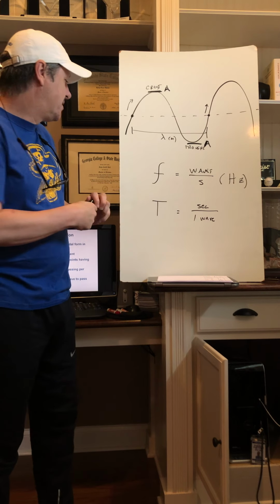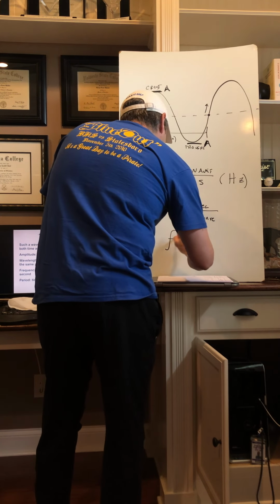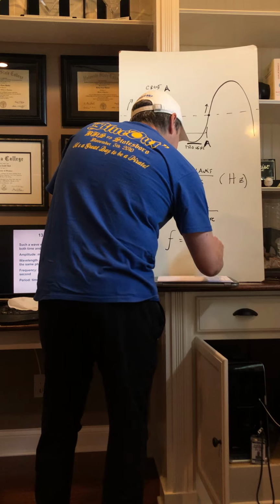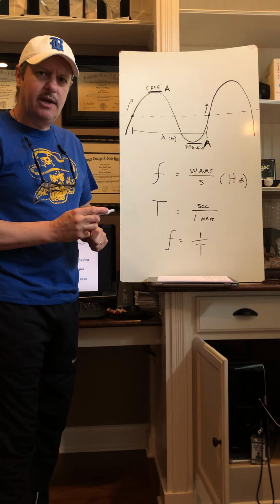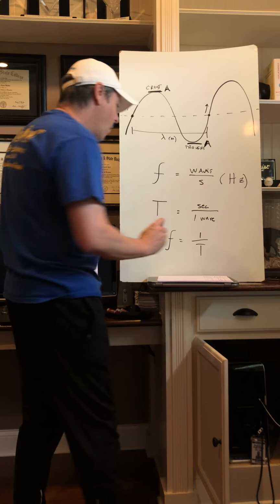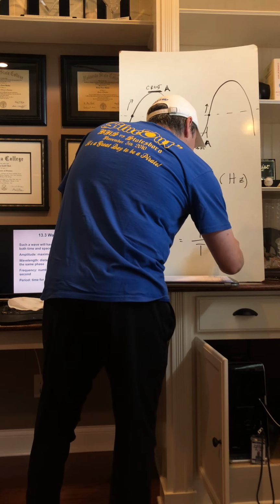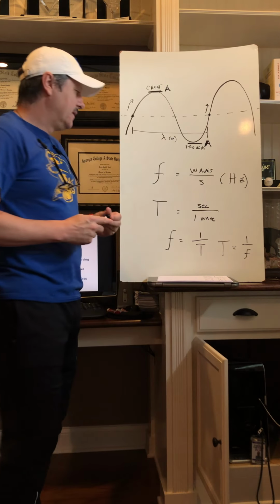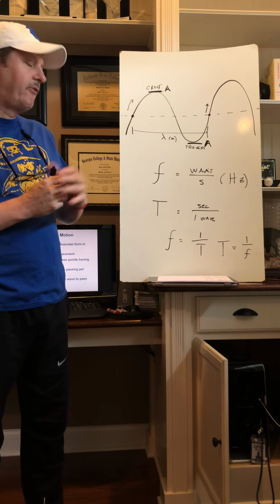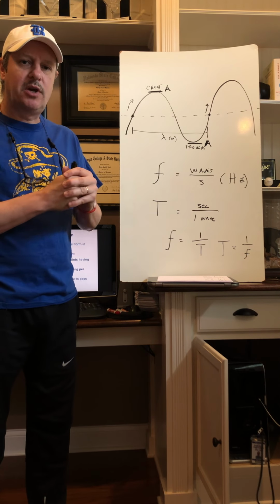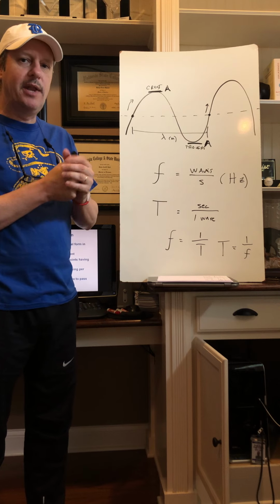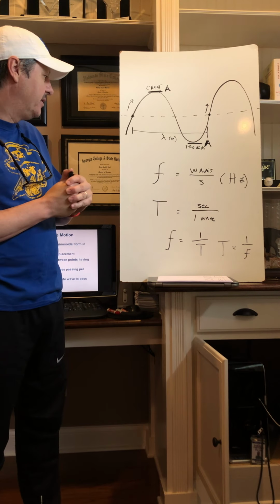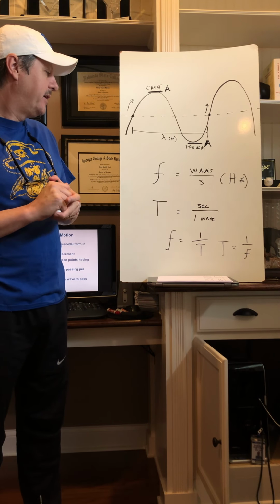Frequency is 1 over T, or period is 1 over f. A lot of times we're going to talk about frequency more than period. If you were in AP Physics, period would be very important.